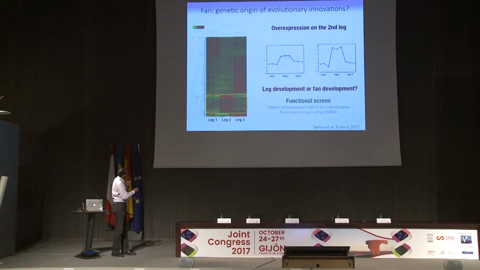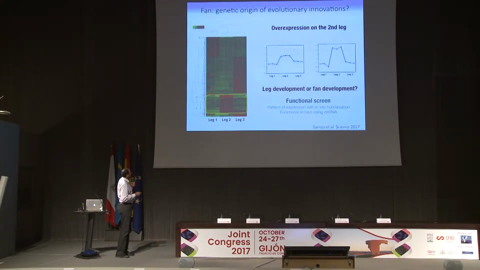The second leg is the only leg that has the fan, and we sequenced the genes that are active in these legs. We were looking for a group of genes highly expressed in the second leg, but not in the third leg or the first leg. We obtained approximately 90 genes that are expressed highly in the second leg, but not in the other legs.